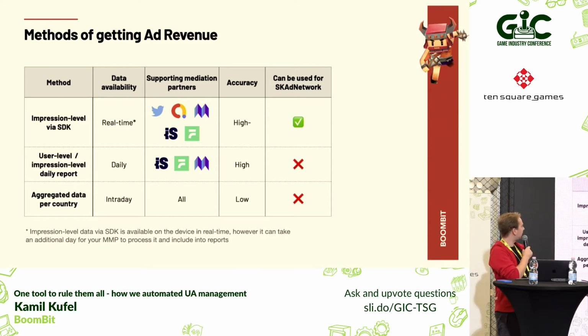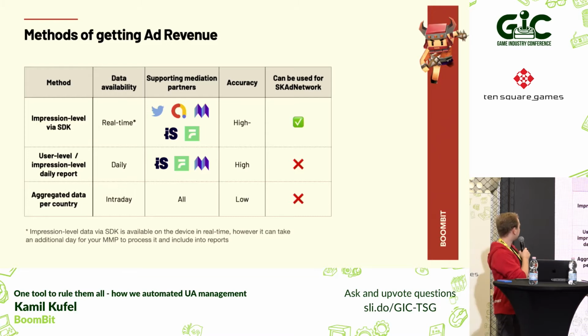I marked it as high minus accuracy because sometimes, with data for Facebook Audience Network, for instance, the mediation partner cannot access the real cost of the impression. They are calculating CPMs and trying to estimate the value of the impression. So if that estimation is okay, then the data is accurate. However, if Facebook changes the performance on the next day, we won't be able to update that data.